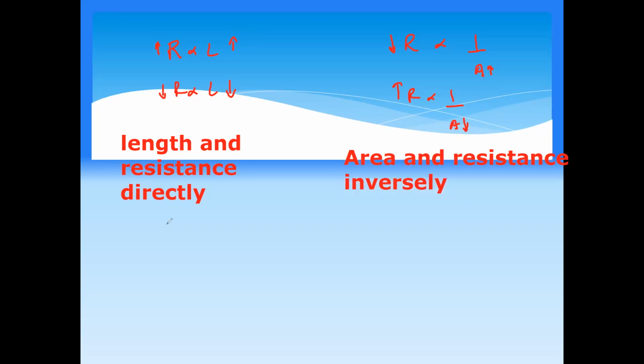For example, if I have a wire which is 2 meters long and has a resistance of 100 ohm, what will be the resistance of a wire which is 10 meters long? How to predict the resistance? What is the change?